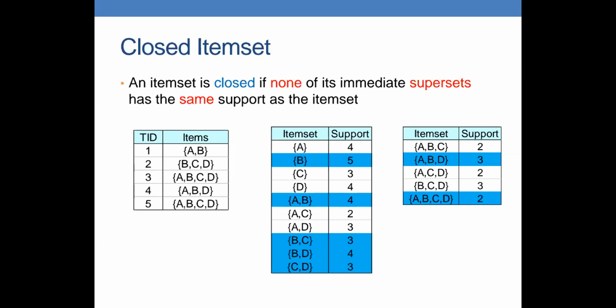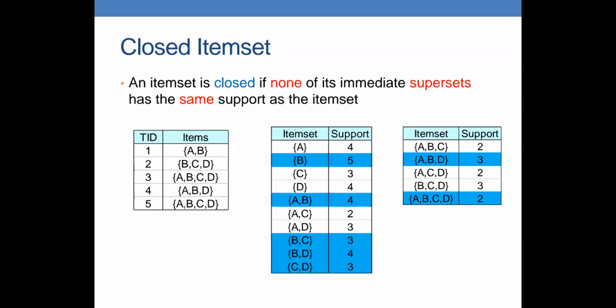First one, A is purchased by how many people? That is simply called support. So out of 5 transactions, A is purchased by 4 people, and B is purchased in all transactions, so the support is 5.